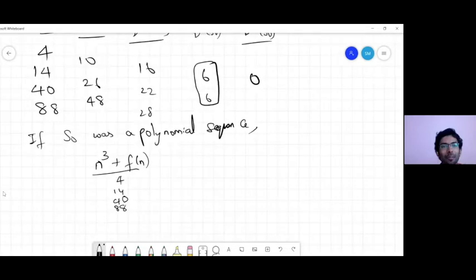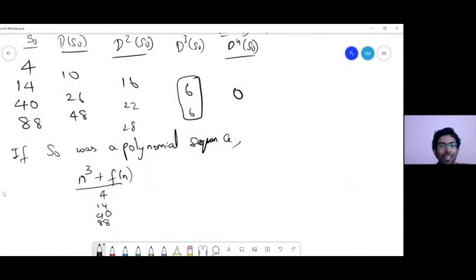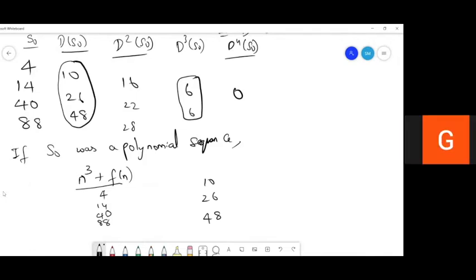Okay, right. So basically, if you just look at this sequence, oh, this is nice. I didn't think through this. Let me see where this will take us. Okay, 10, 26, 48. By the same logic, this should be 3n squared plus some f1 of n, f2 of n.